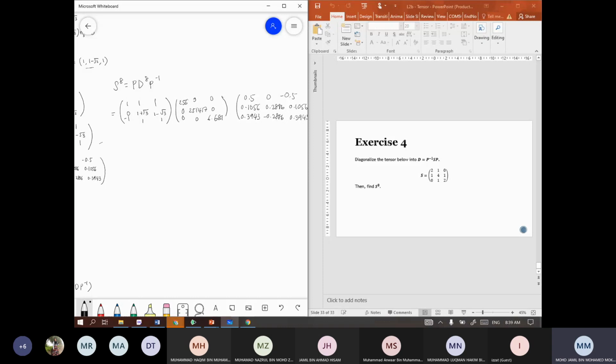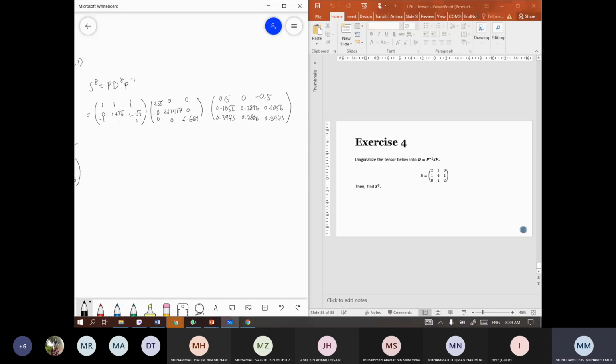Okay, then you can multiply this using a calculator. You can use a lab simulator too if the exam is online.